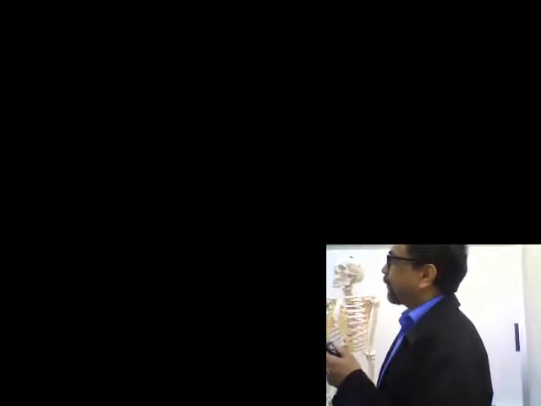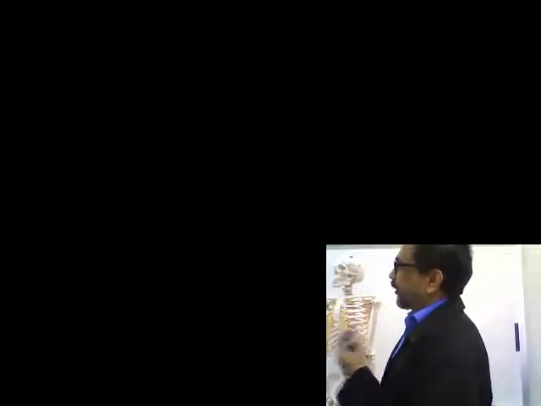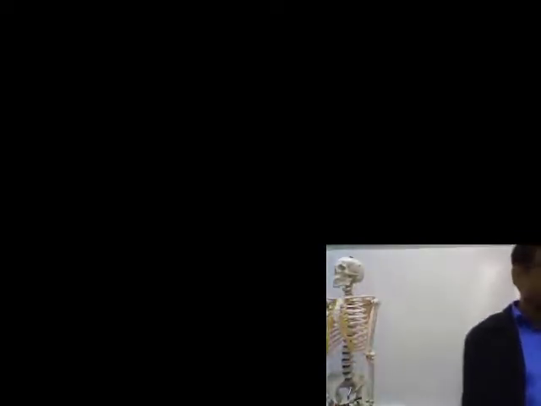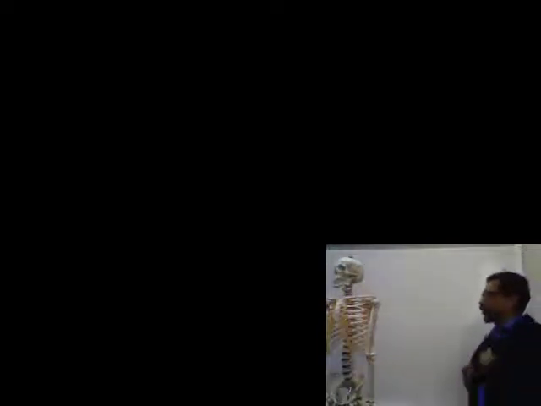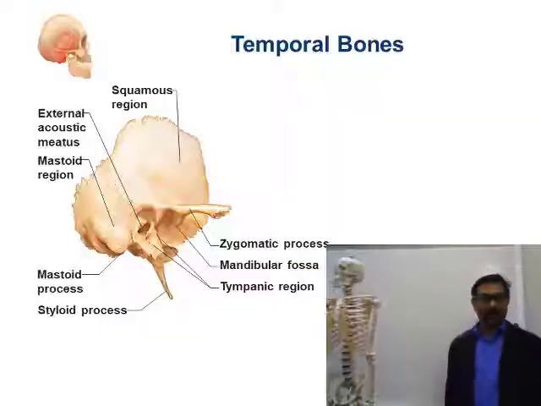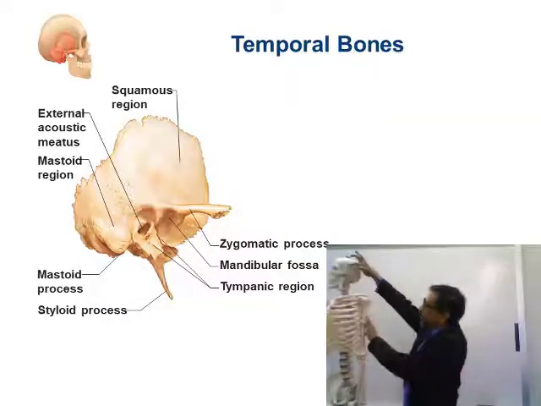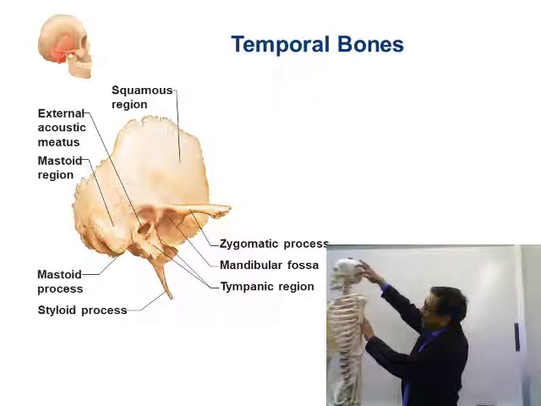Okay, so let's go to the individual cranial bones. We will talk about few cranial bones individually. So this is a temporal bone. Here, this is the temporal bone. Look in the skull. This is the temporal bone.